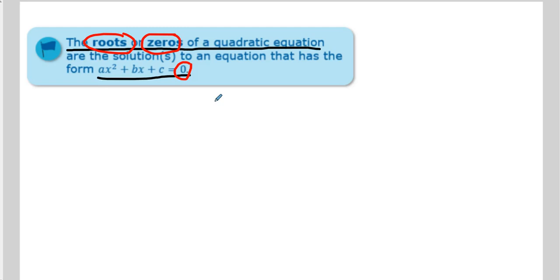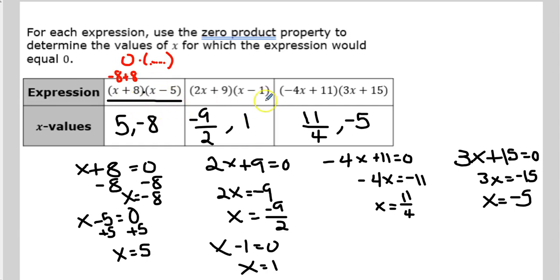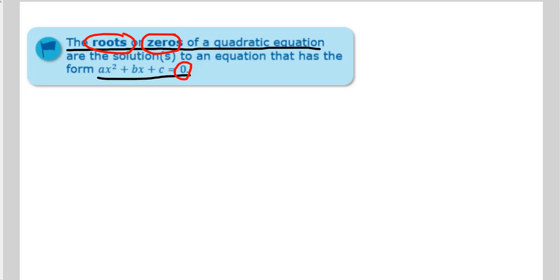What that does is it lets us solve for any equation like we just did. If we can factor it, then we can set our factors equal to 0 because we're searching for the roots or the zeros. It's very important that our equation is equal to 0. Otherwise, we can't use the zero product property.